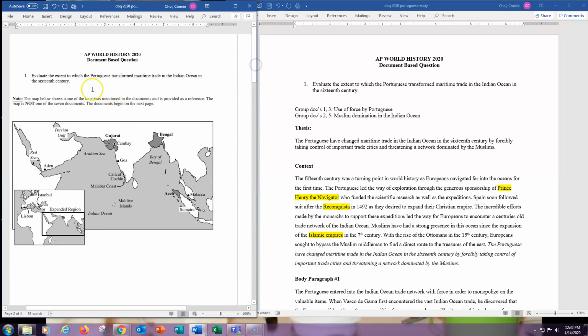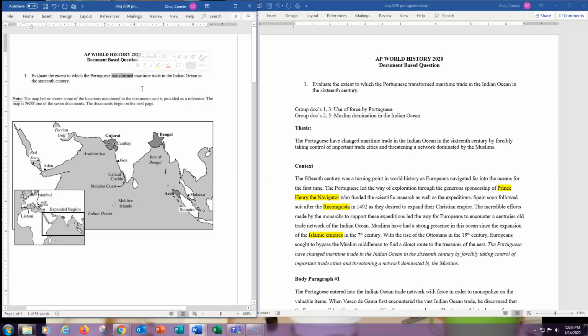The prompt says, evaluate the extent to which the Portuguese transformed maritime trade in the Indian Ocean in the 16th century. So when we look at this question, it's a very straightforward question. It's asking for change, even though that's not the word being used in the prompt.